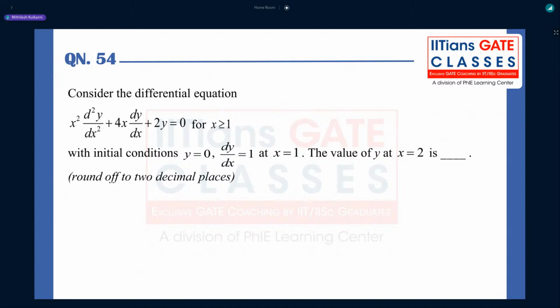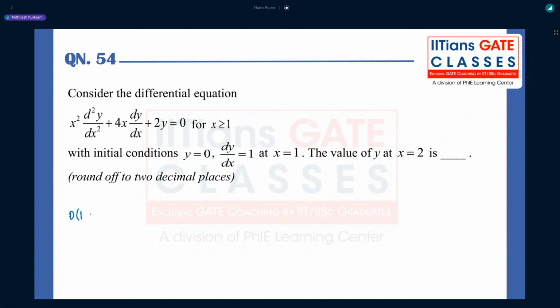So we know that this is a higher order equation in the Cauchy's form, and here we write x square d2y by dx square as D into D minus 1. Okay, right? So let me write the simplified version of this differential equation.